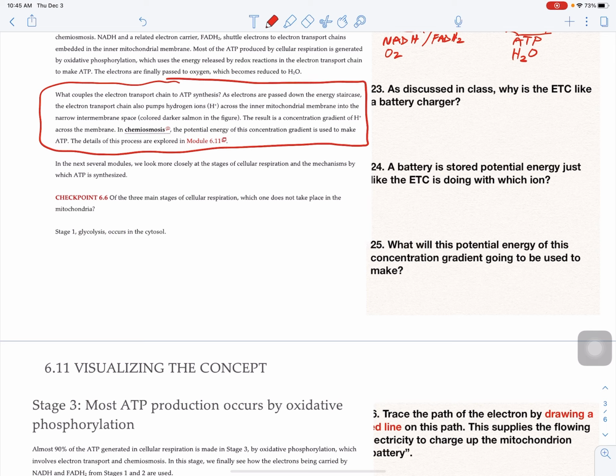It's going to answer the next 3 questions. Remember a battery, discussed in our last class, has 2 compartments, like a positive and negative pole? It's piling up ions in one side of the membrane. So that's going to happen inside of the mitochondria. It's going to pile up a bunch of ions. The ion that it piles up, it's right here. It's going to concentrate hydrogen ions.